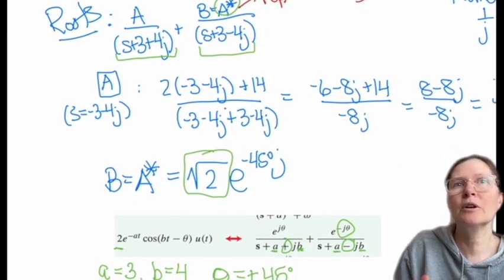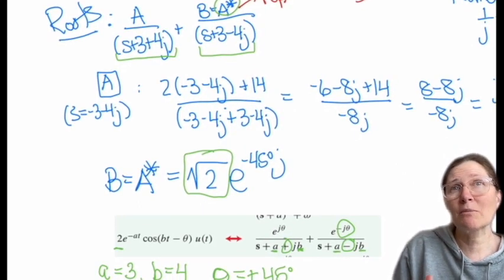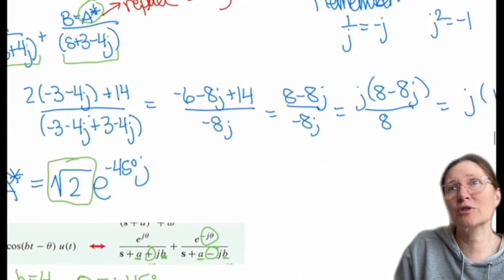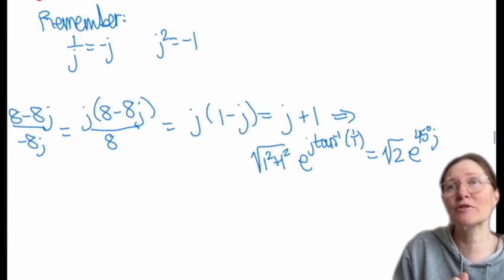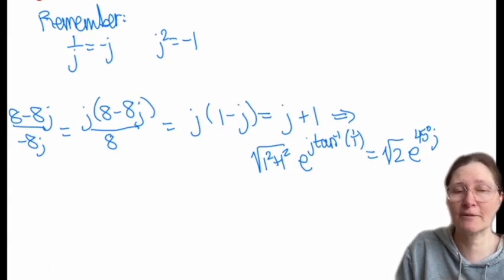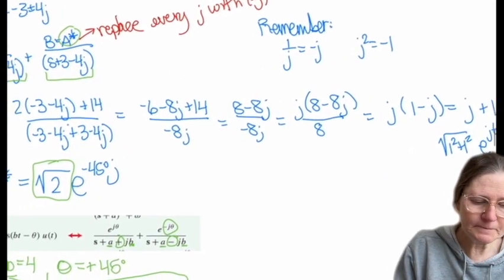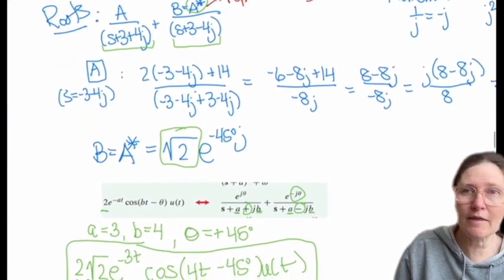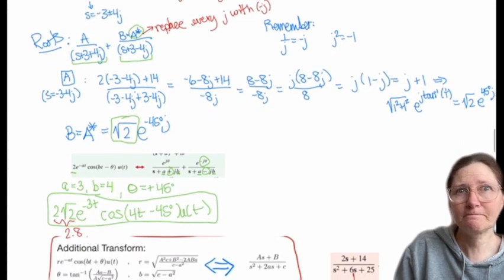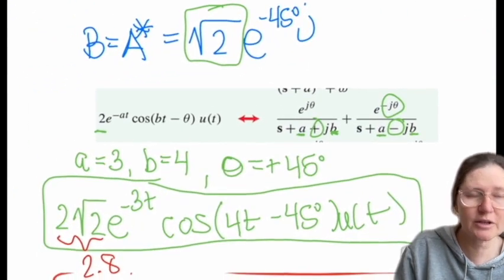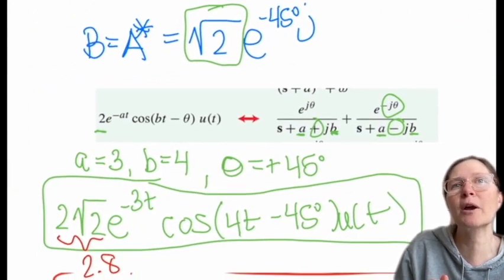And so multiply both sides by the s plus 3 minus 4j, and then as you do that, that gives you the square root of 2 e to the 45j. And then that would give you a minus 45j for B. And then note that it's going to be this form, cosine of b t minus theta.